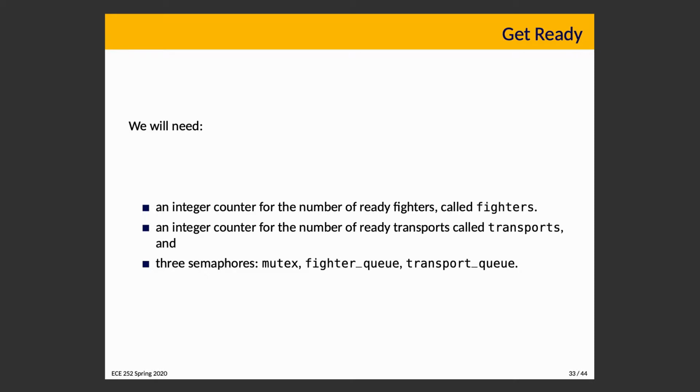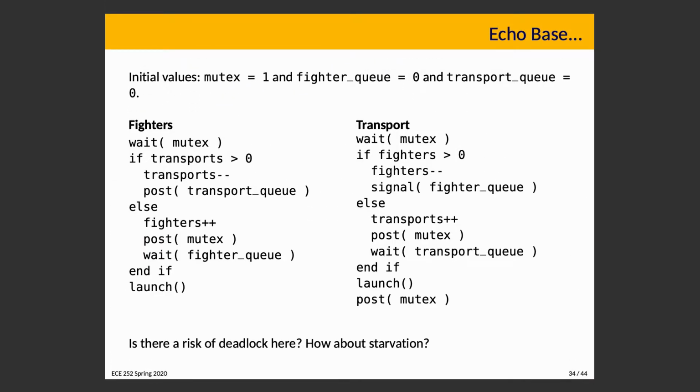But in this situation, it doesn't matter. All that matters is that fighters escort a transport. Which fighters are escorting which transport is not especially important. They can pair up however, and they will still escape. Hopefully for them. Okay, so initial values. Mutex is 1, fighter queue is 0, transport queue is 0.